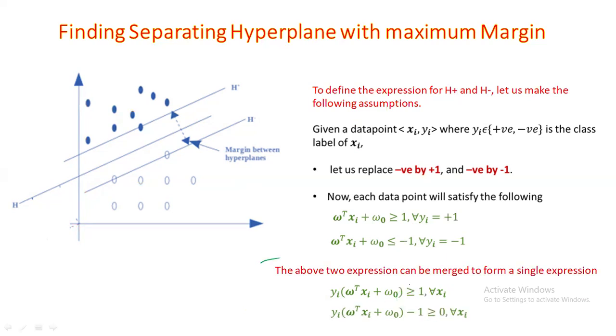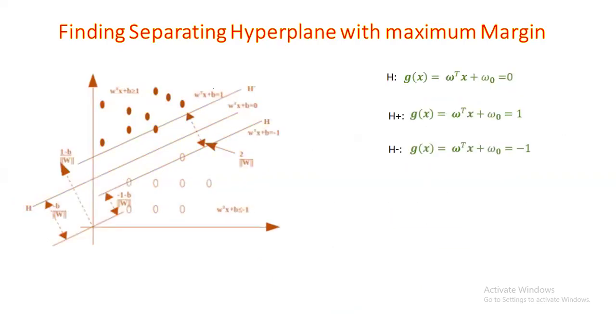And similarly, we will write the equations separately. This is for h plus, the positive class: w transpose x plus w naught equals 1. And this is for the negative class points, the margin h minus: w transpose x plus w naught is equal to minus 1.